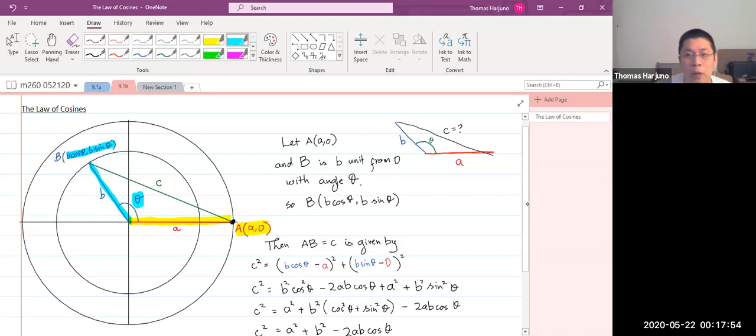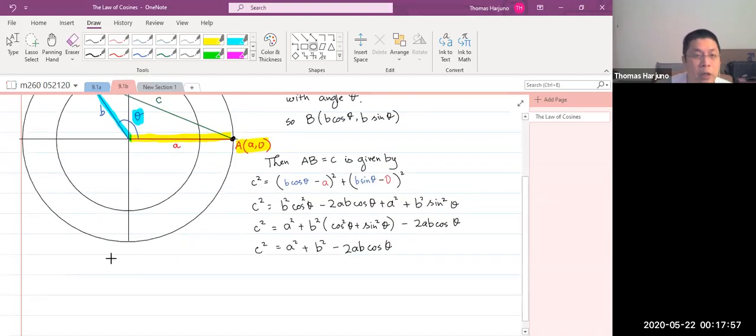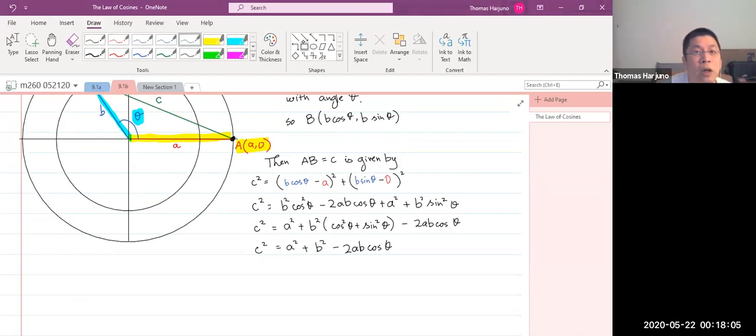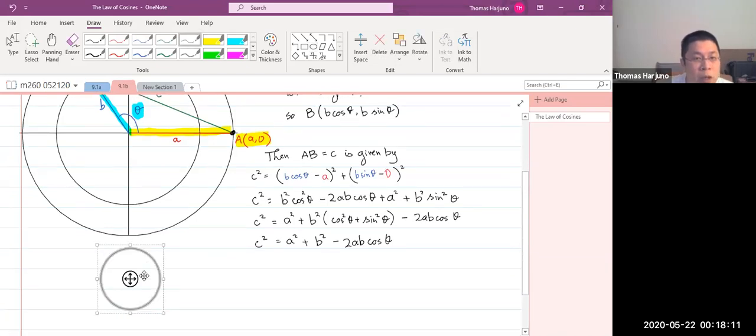I wonder if you remember the unit circle approach. When I have a unit circle, and let's say this is the positive x-axis and this is the angle theta here, because the radius is 1, the coordinate here, knowing that the angle in standard position is theta, will be cosine theta, sine theta.